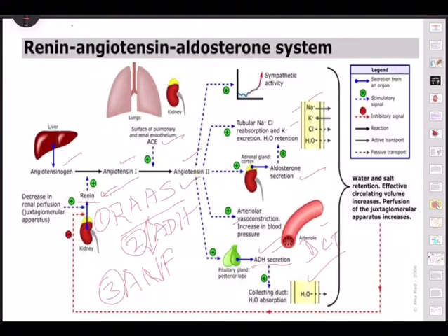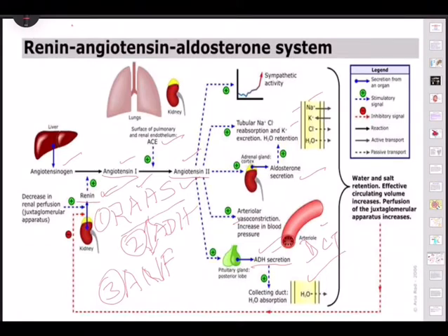Once renin is released, this activates what we called yesterday RAS, RAAS, renin angiotensin aldosterone system. And renin converts angiotensinogen into angiotensin 1, and angiotensin converting enzyme then converts angiotensin 1 to angiotensin 2, a peptide hormone that is the active form.